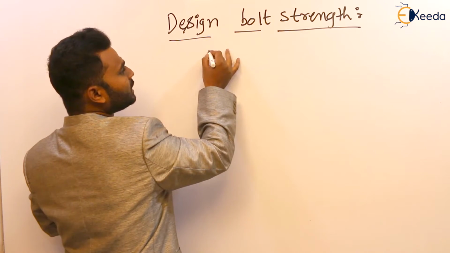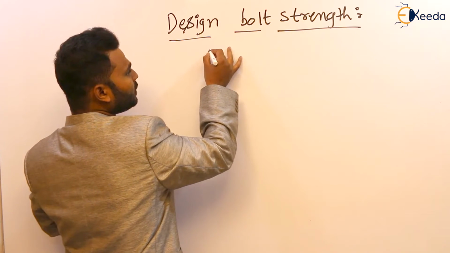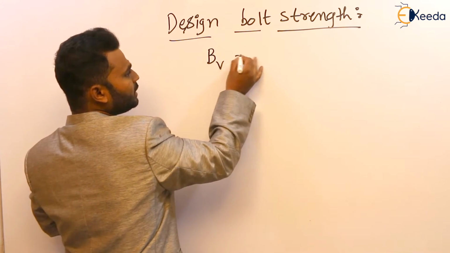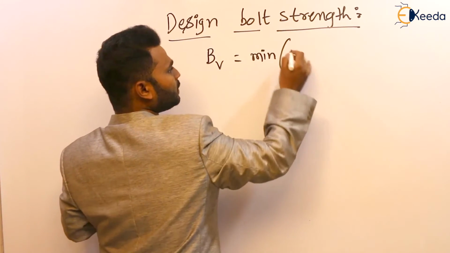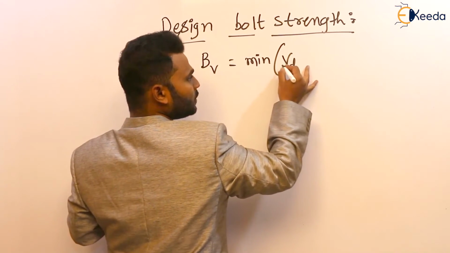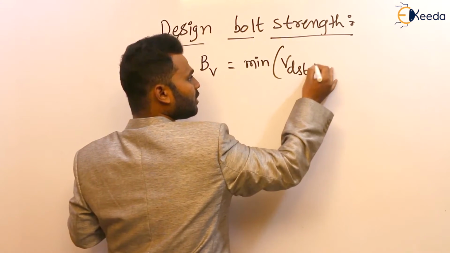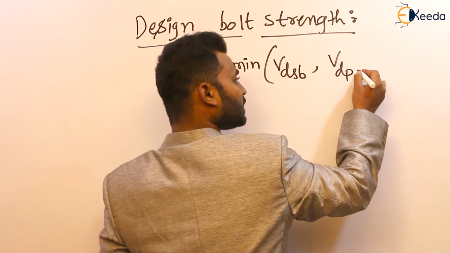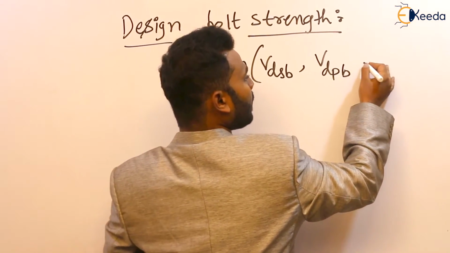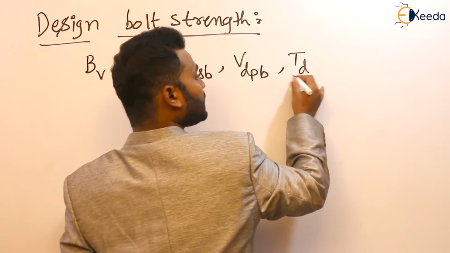We represent it as the bolt value, BV, or bolt strength. This is the minimum of V, the design shear strength of bolt, the design bearing strength of bolt, and the design tensile strength of bolt.